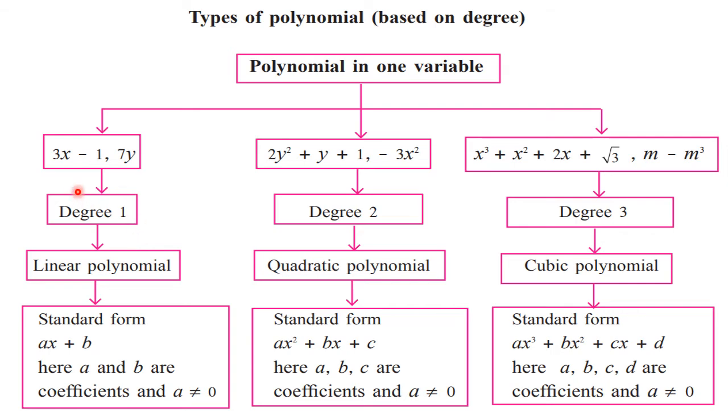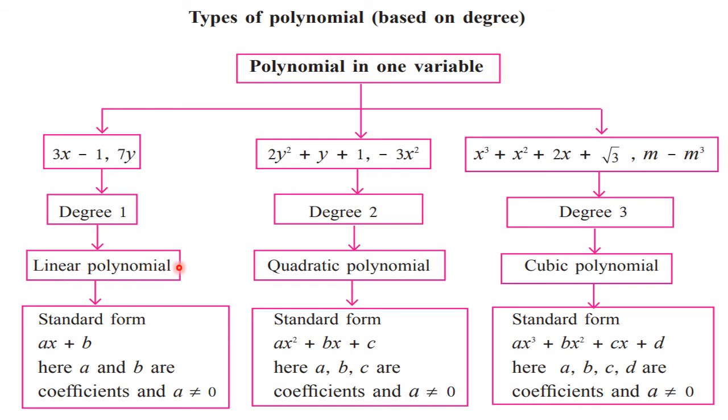We don't have to think about the number of terms present here. Like in the previous classification, we thought only about the number of terms. There we didn't think about the degree. Here we are going to think only about the degree and not about the number of terms. So here the degree is 1. So such polynomials are called linear polynomials.